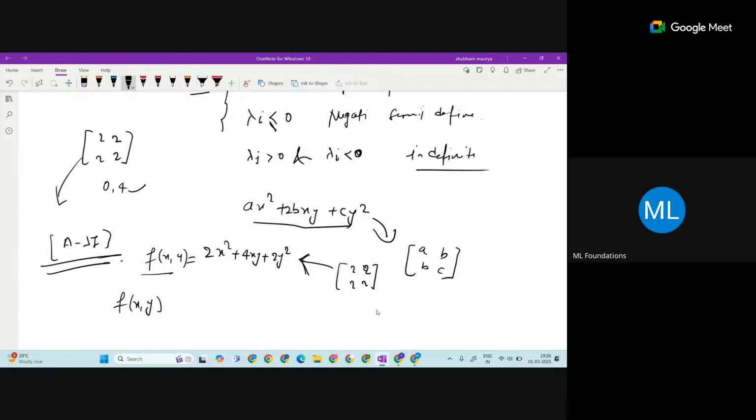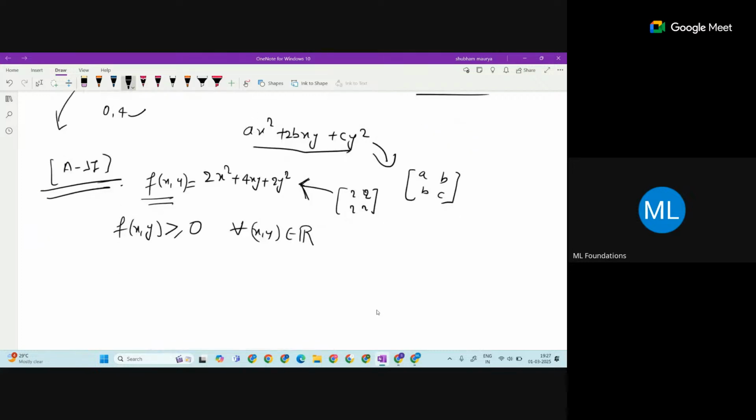For the function, this should be greater than or equal to 0 for all x and y. There are two conditions already hidden here. First, this should be positive for all x and y, and at some point it is going to be 0. These two conditions are written here. This is the positive definite case.